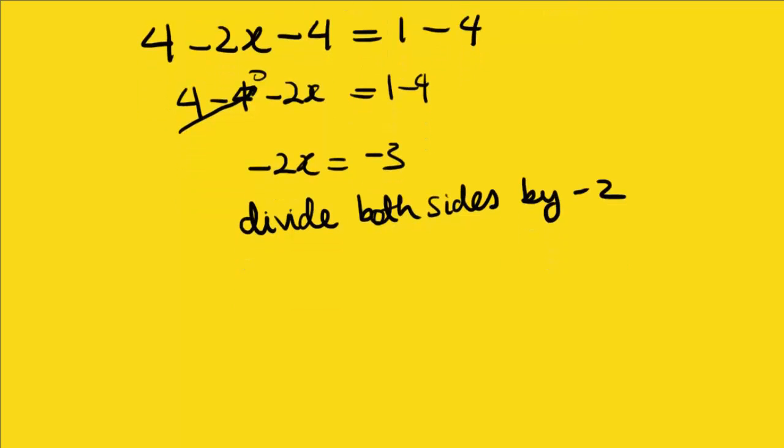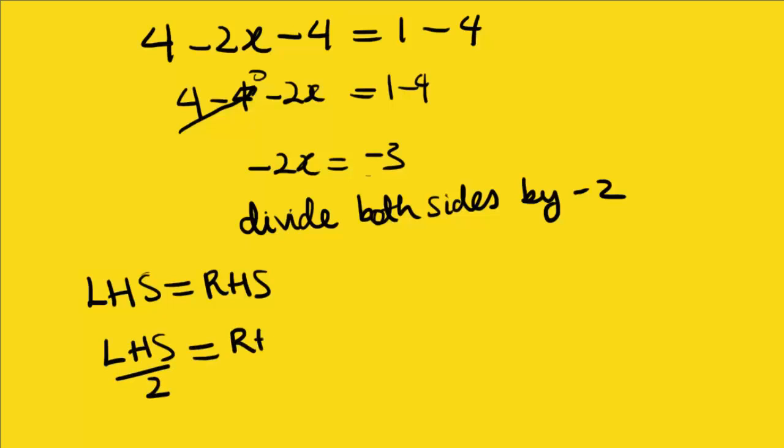Because once I do that, I get rid of the minus 2 on the left hand side, and then I have just x. Why do we have to do the same thing to the left hand side and right hand side? Because what you have in an equation is the statement that the left hand side is equal to the right hand side. If I divide the left hand side by 2, the equality doesn't hold anymore, unless I do the same thing to both sides.